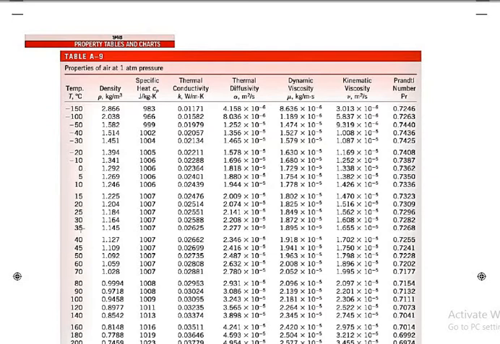So we have to select the properties for 50 degrees Celsius: the properties of air as density, specific heat, thermal conductivity, thermal diffusivity, dynamic viscosity, kinematic viscosity. In this manner we have to select.